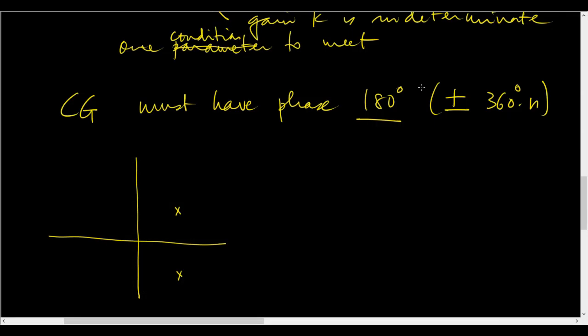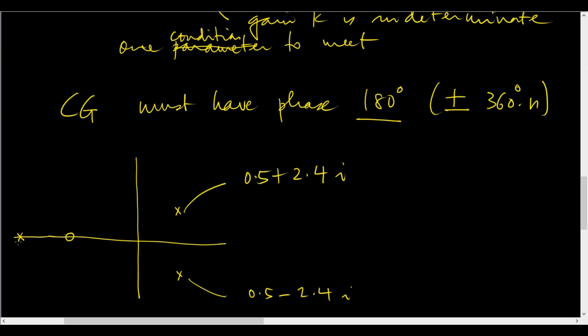So this is 0.5 plus 2.4i, and this is 0.5 minus 2.4i, and my compensator has a zero here and a pole here.